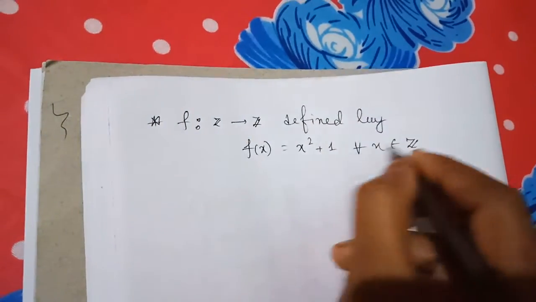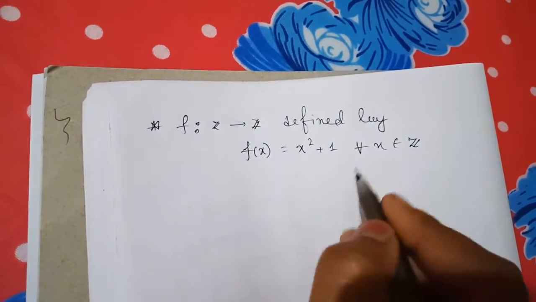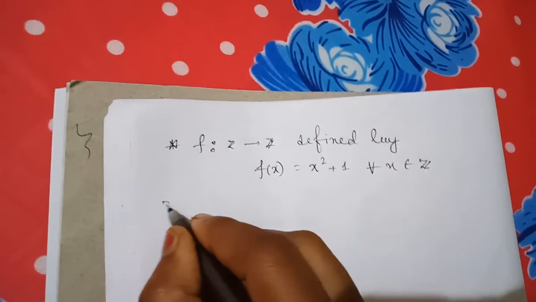We have to check whether this function is one-one or not. How will we do it?